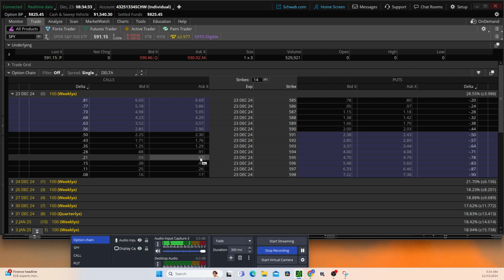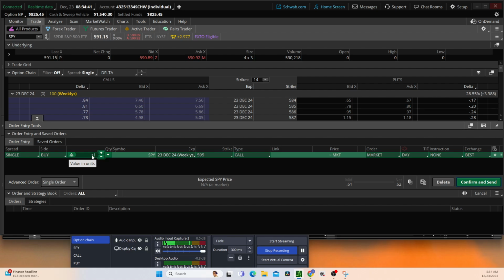Remember, it's 62 cents per share, and it's 100 shares per contract. When you click on this, you're buying one contract, and it's going to cost you about $60 to execute this.